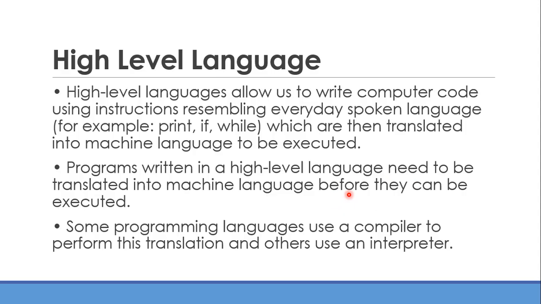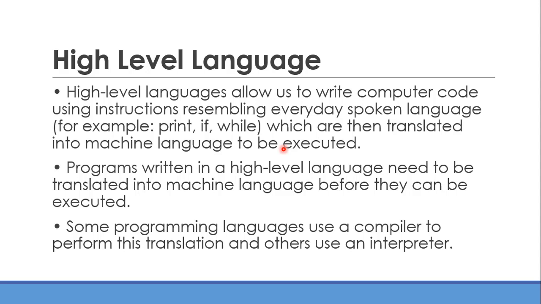The next is high-level language. High-level language allows us to write computer code using instructions resembling everyday spoken language, for example print, if, while, which are then translated into machine language to be executed. So expect this if you're going to practice coding or if you want to become a programmer. The meanings of these functions are very understandable.